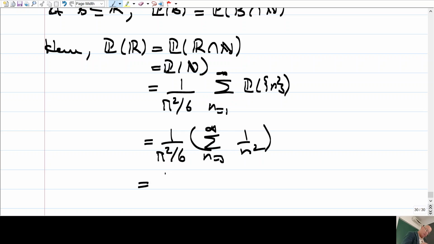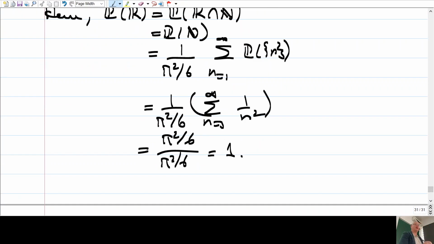Well, this summation is just pi squared over 6, so this is 1. Okay, so this is, for example, an example of discrete probability.